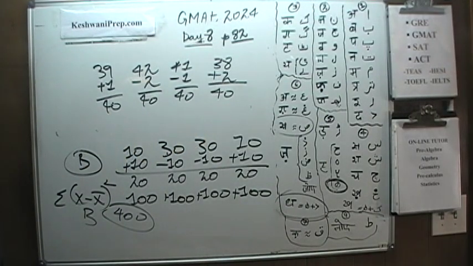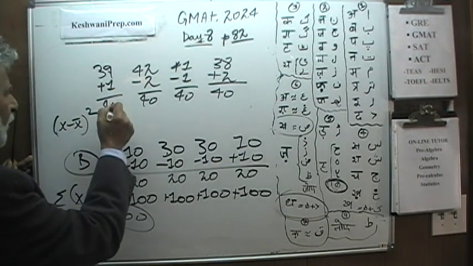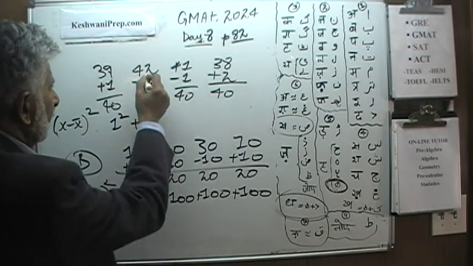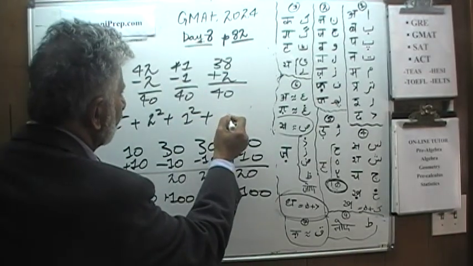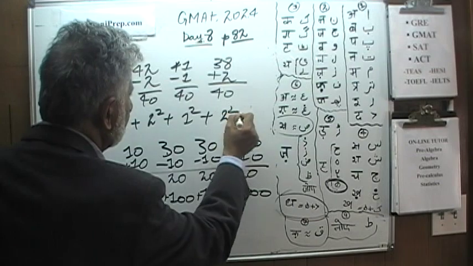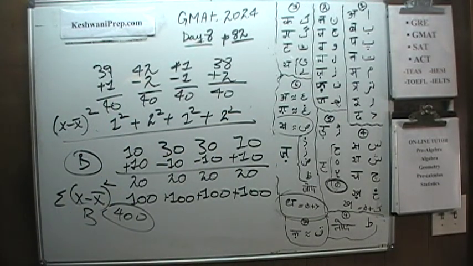They're not too far apart. The standard deviation is going to be very low. So, x minus x bar squared: 39 minus 40 is 1, this is going to be 2 squared, this is going to be 1 squared, this is going to be 2 squared. 1 squared, 2 squared, 1 squared, and 2 squared does not come anywhere close to 400.